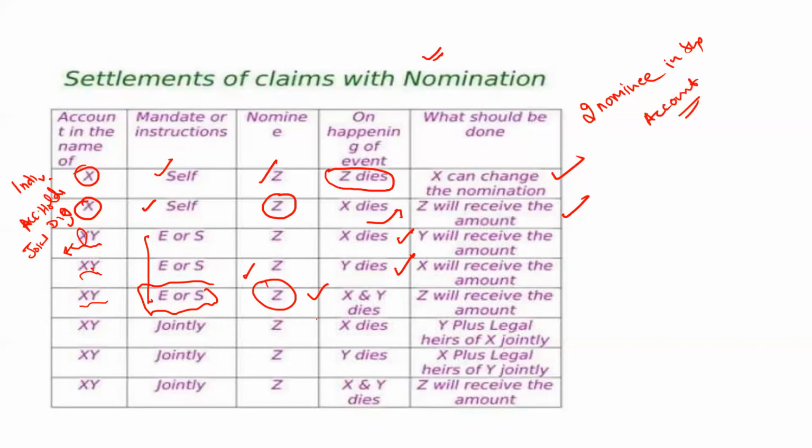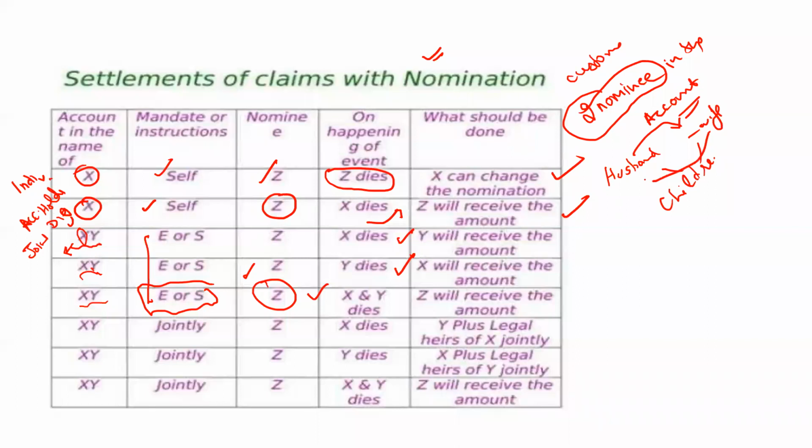There is a lot of demand from customers to put two nominees. Like husband, wife, children. The husband puts the wife as nominee, the wife puts the husband, and the children put their father. All three are going to a marriage function, and unfortunately they meet with an accident.